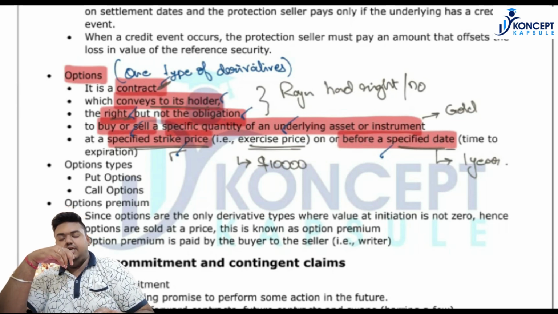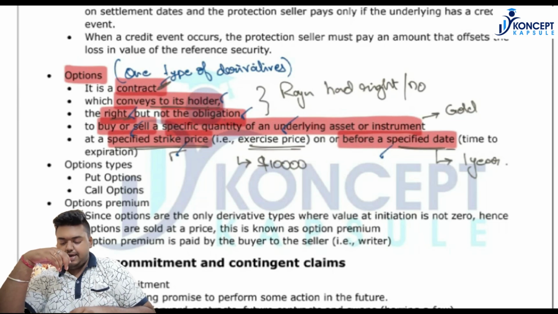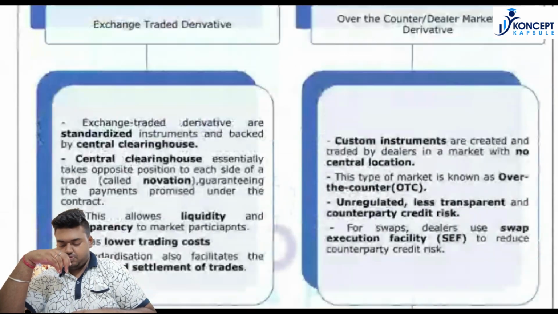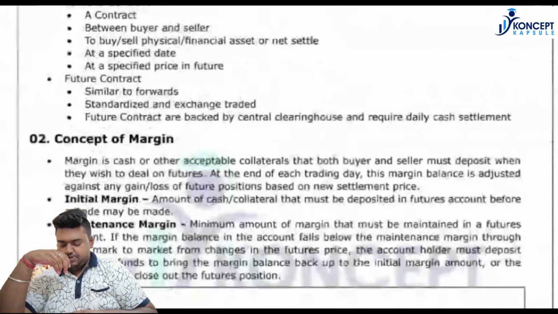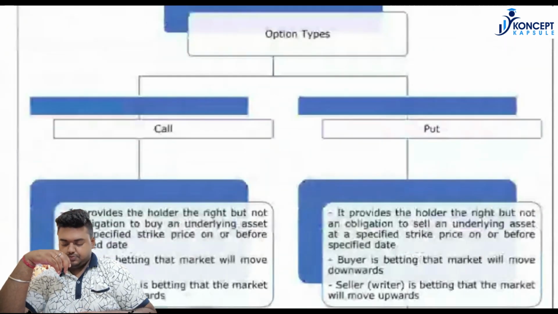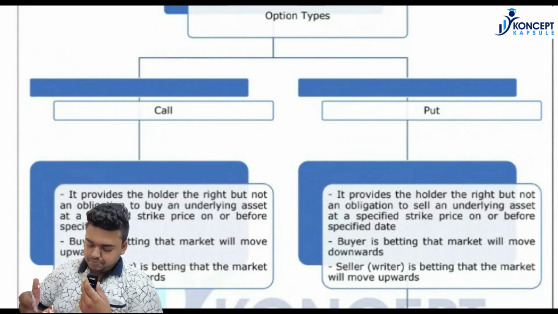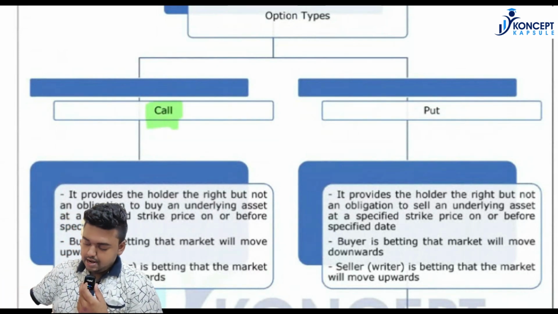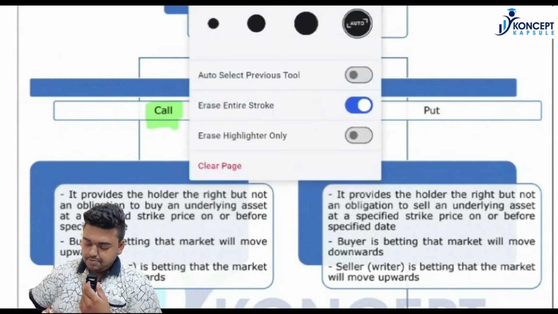Now, what we will see is that within options, there can be different types of options. Options can be of two types: call and put.